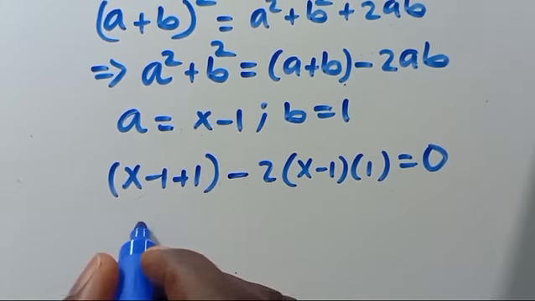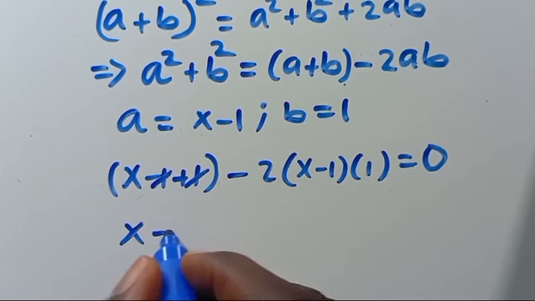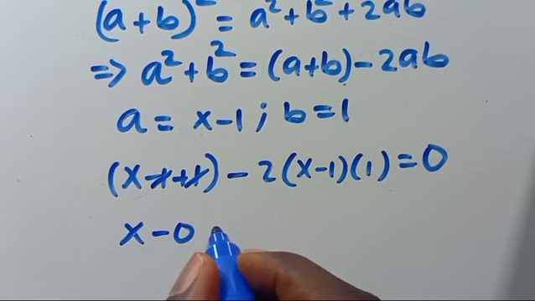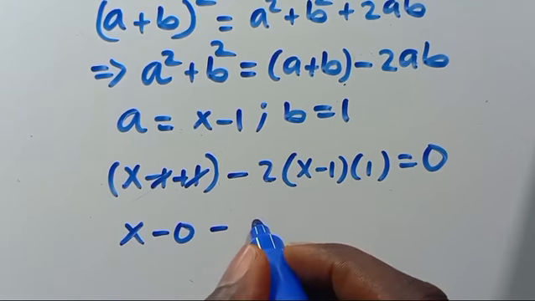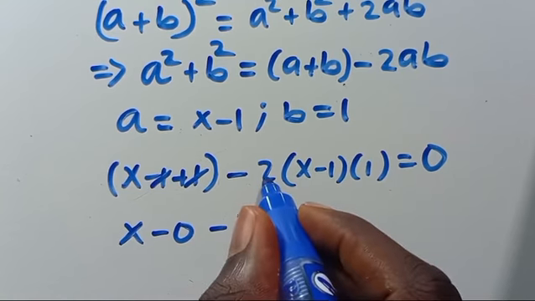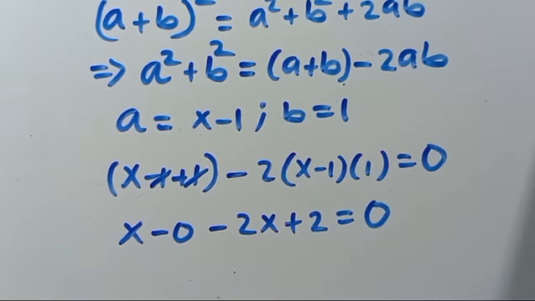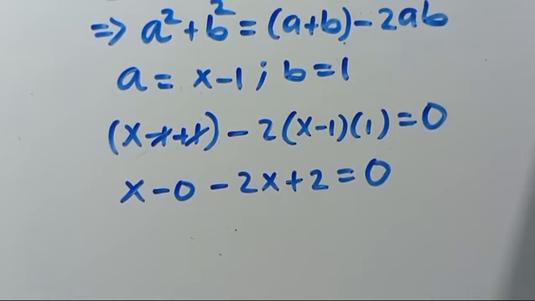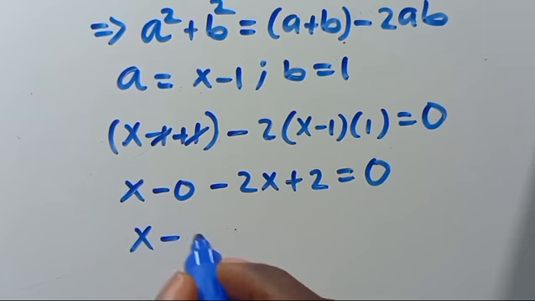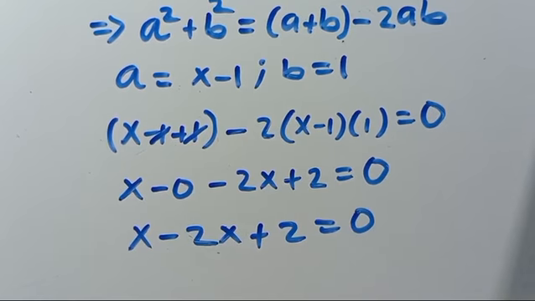From here, this will cancel out, we have x^2, and 2 times this will be 2x, then this times this will be plus 2 equals 0.